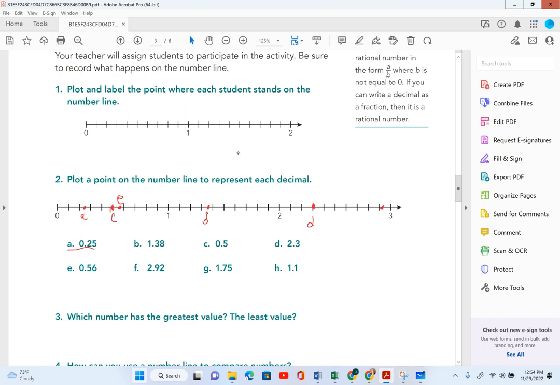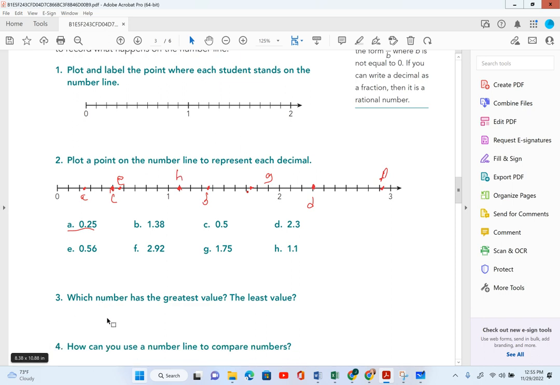And that will be F. And then G is 1.75, and that'll be G. And 1.1 is H.